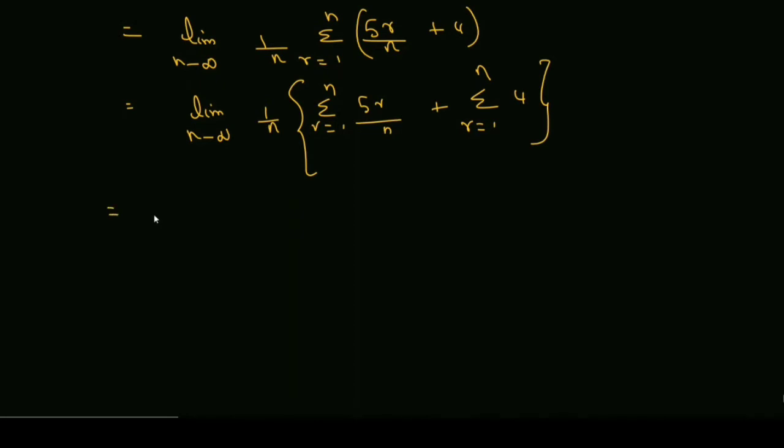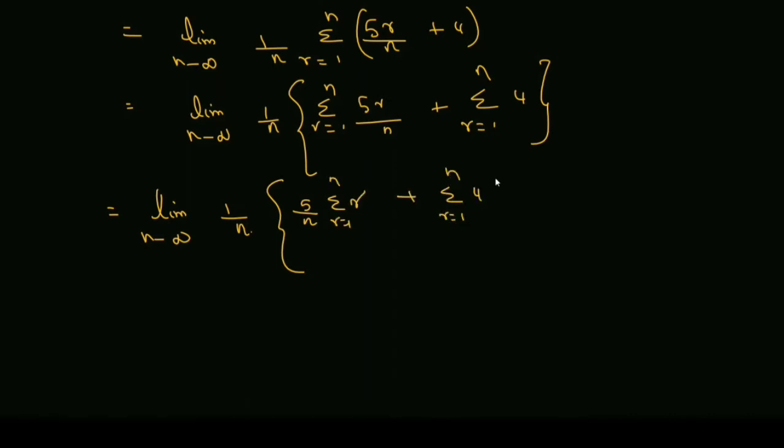This is equal to the limit as n tends to infinity of 1 by n, 5 by n independent of r, sigma r, plus sigma r 4. Now this we know: sigma r, r from 1 to n, is 1 plus 2 plus 3 up to n. It is the sum of the series, so there is n into (n plus 1) by 2.